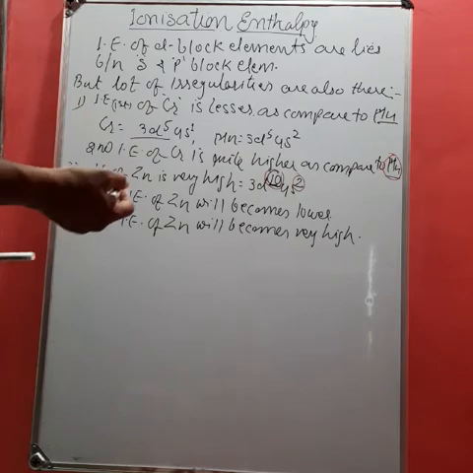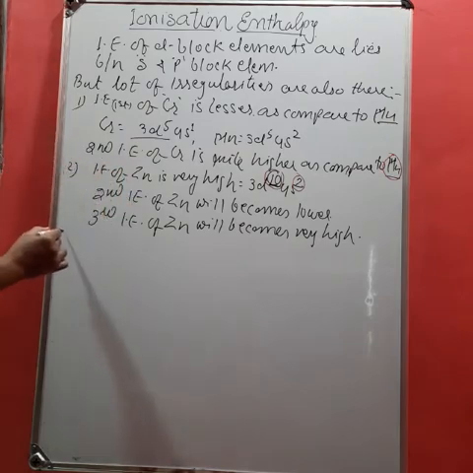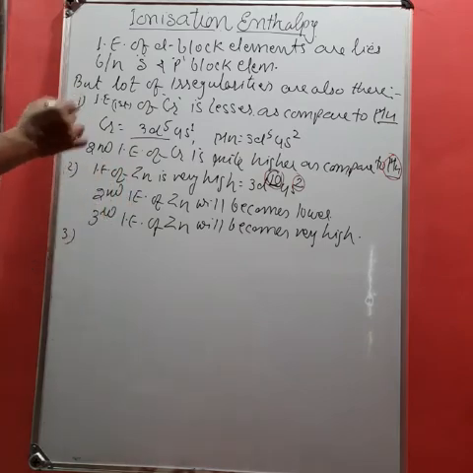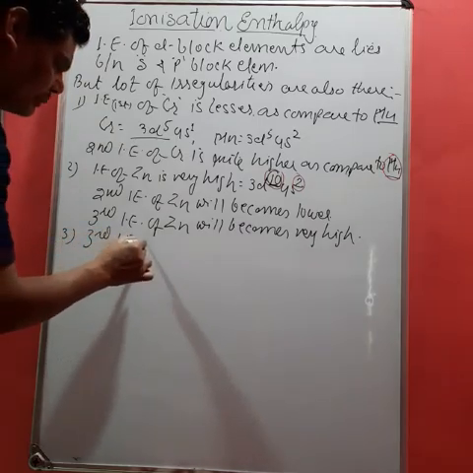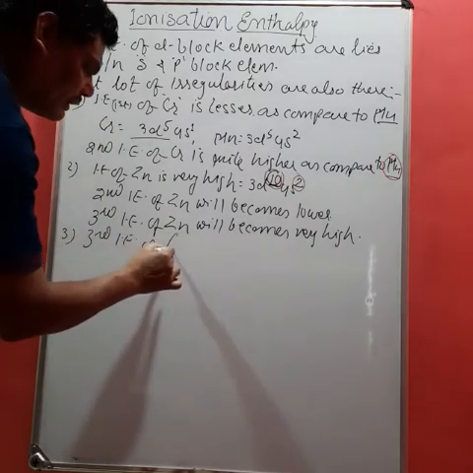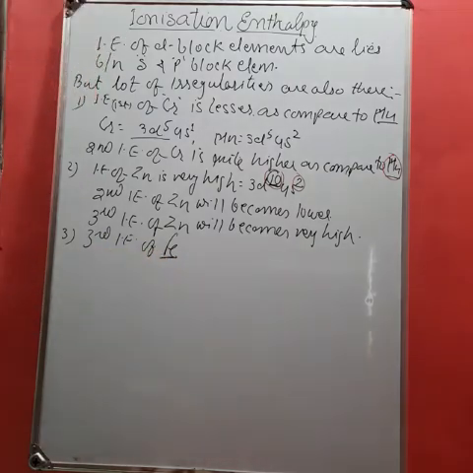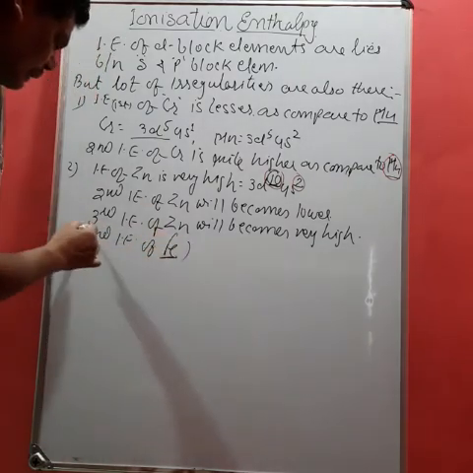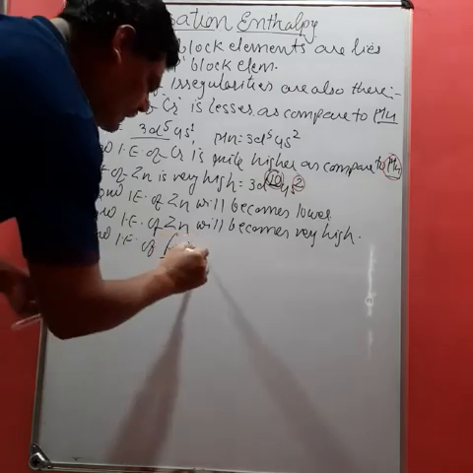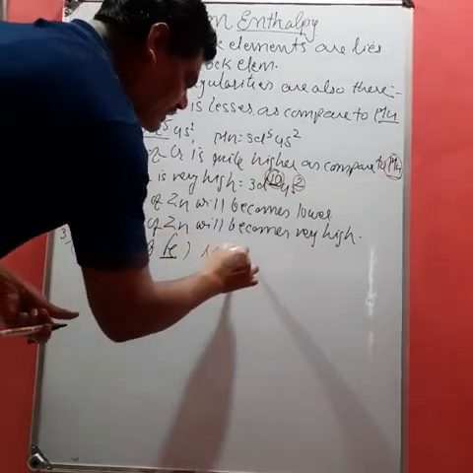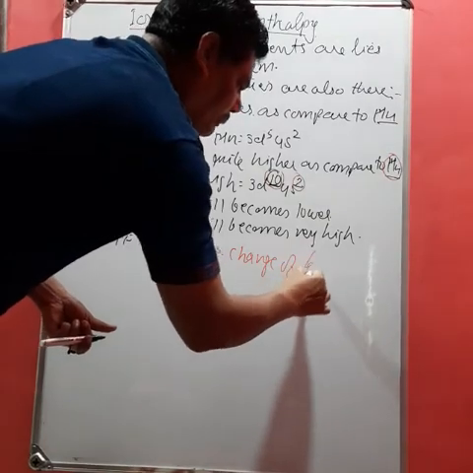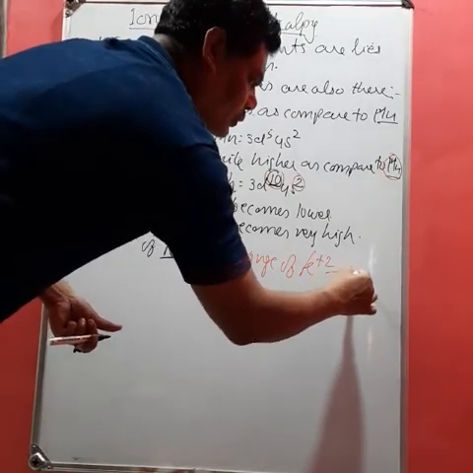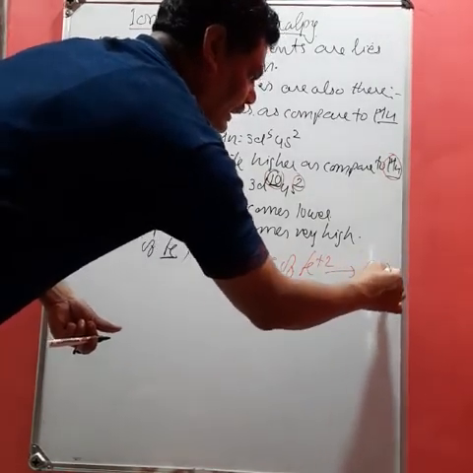Large anomalies are there, like here you can see some more anomaly: the third ionization enthalpy of iron. What is the meaning of third ionization enthalpy? That is the change of Fe plus 2 to Fe plus 3.